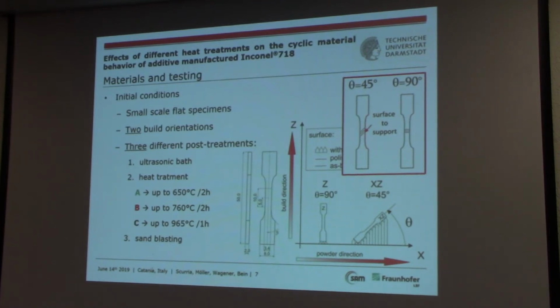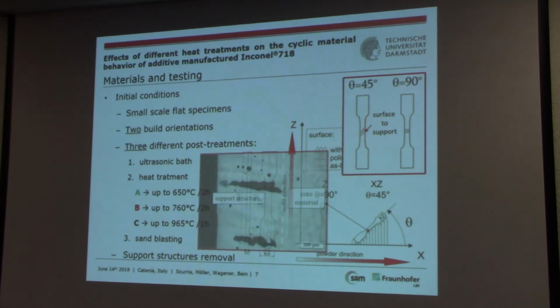How the material will look after the removal is, for example, represented here. Here we have the superstructures with high porosity because they are produced with parameters just to improve the speed. Then we have the core material, which is the material we will test. But after the removal, there will be an area here of contact with a high roughness, which in our case reached 120 micrometers, and some pores also at the interface. And the layers will not be that regular.